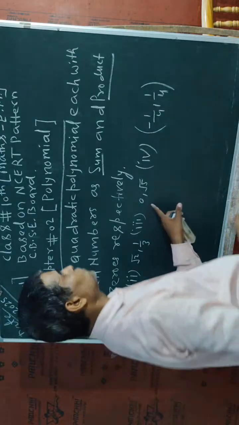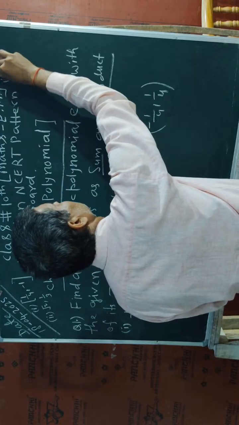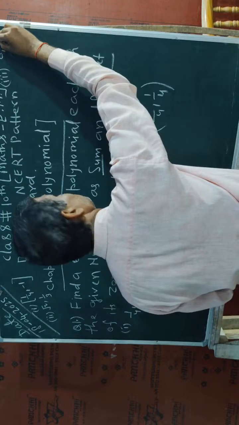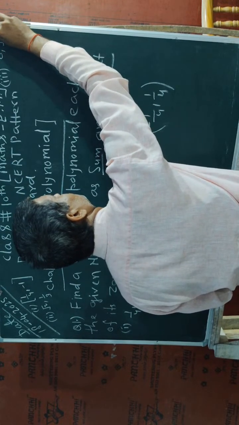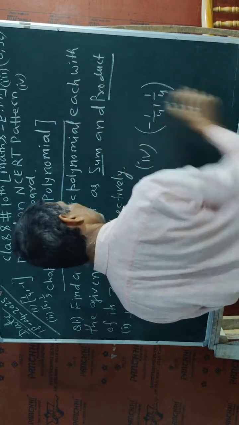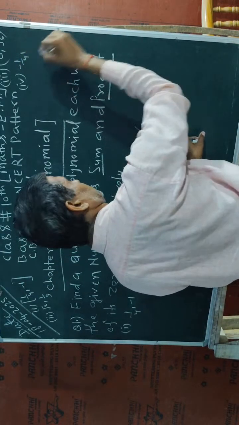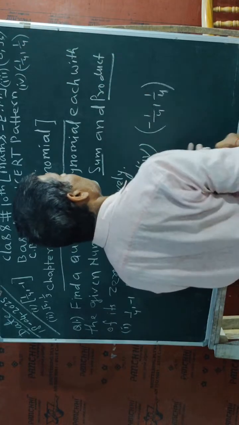Okay, student? So this is question number 3. This data I am also saving here: 0 comma root 5. Okay, another one. Question number 4, that is written 1 by 4 comma 1. So I am writing here.